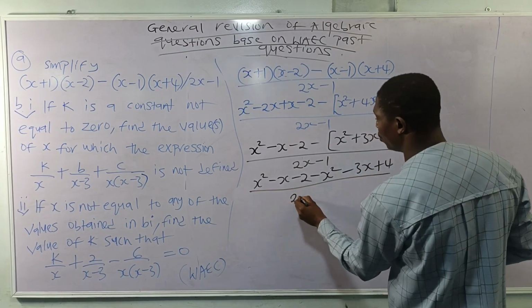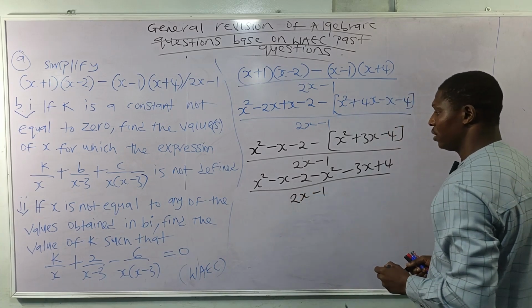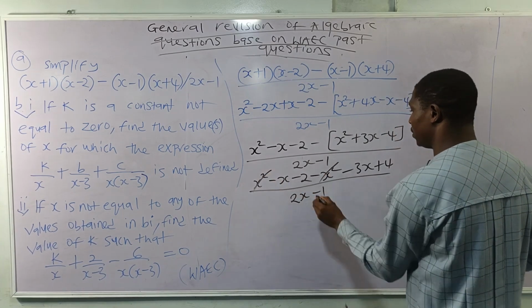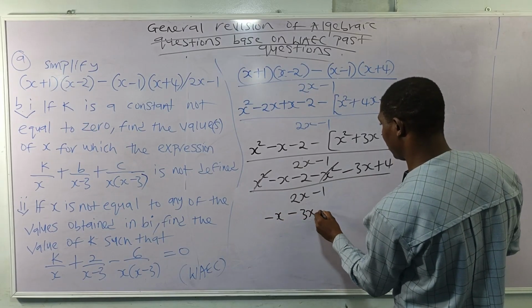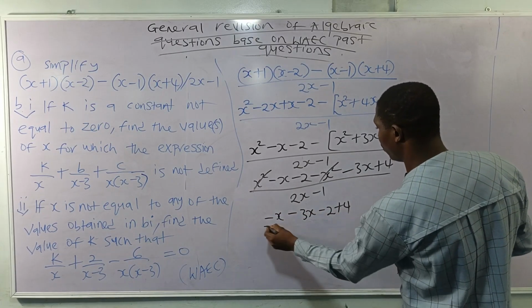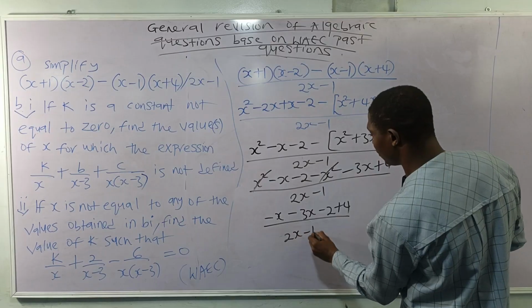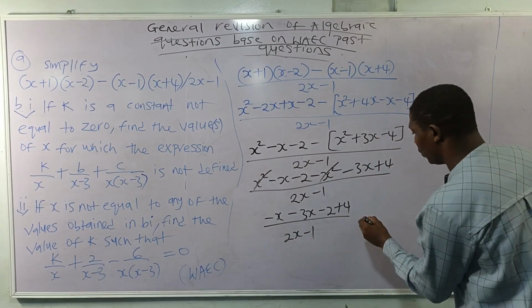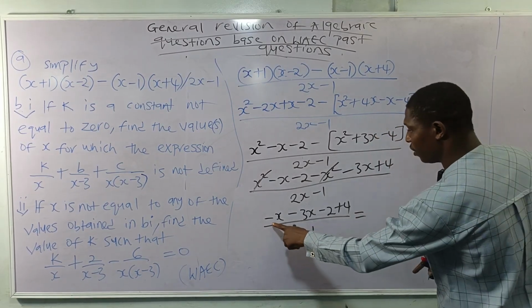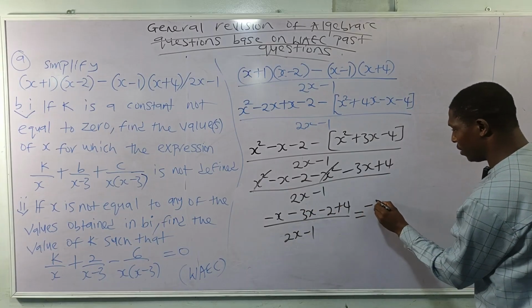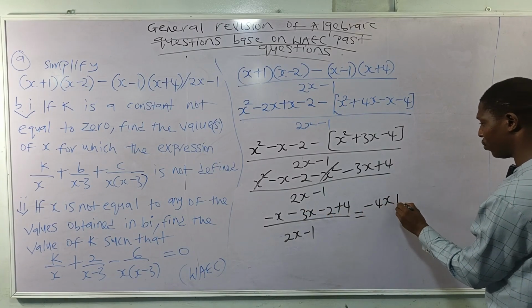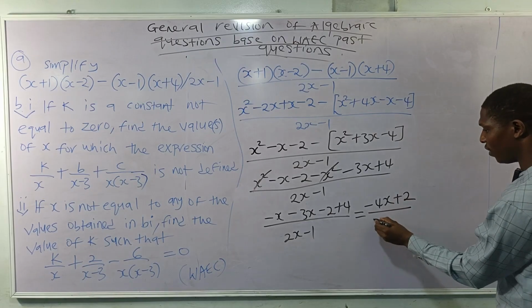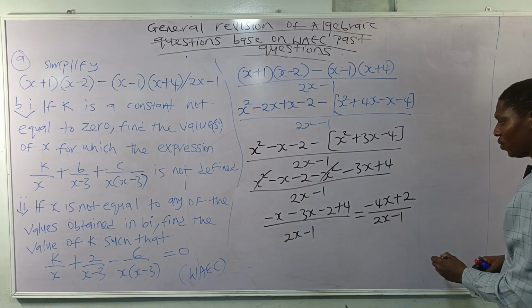All over 2x - 1. Now this can cancel this and we have minus x minus 3x minus 2 plus 4 all over 2x - 1. And this will give me minus x minus 3x will give me minus 4x, minus 2 plus 4 will give me positive 2, all over 2x - 1.